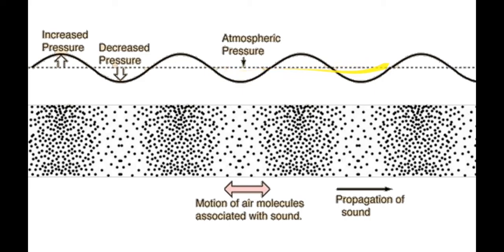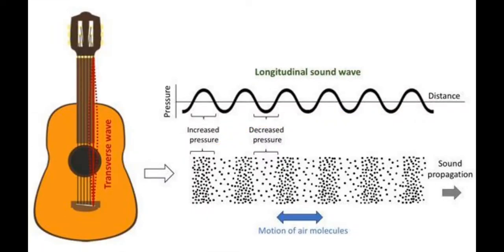In this case, sound propagates from left to right, and the motion of molecules goes in the direction of the propagation and the opposite direction. Sound can go from a music instrument to your ears, to other people. It goes from the instrument.